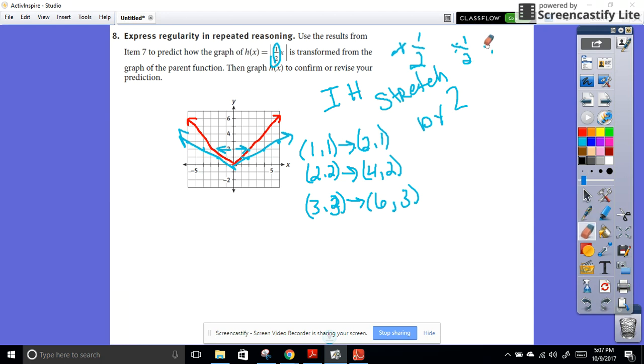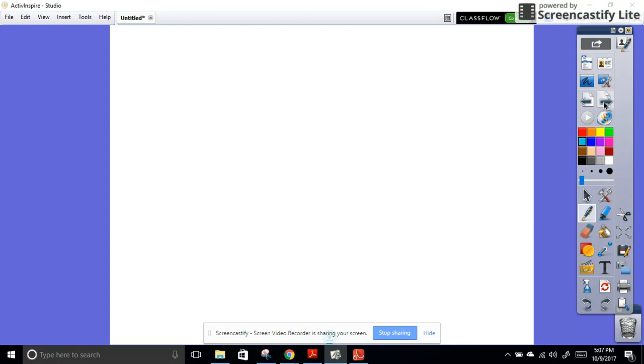Keep, change, flip: keep what you're changing, divide becomes multiply, and flip 1/2 upside down. So instead of dividing by 1/2, we multiply by 2. Okay, so that's how we do stretches.